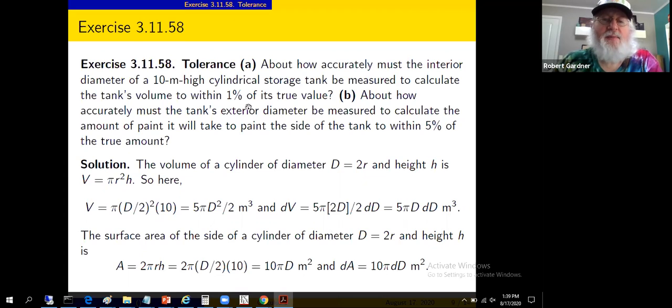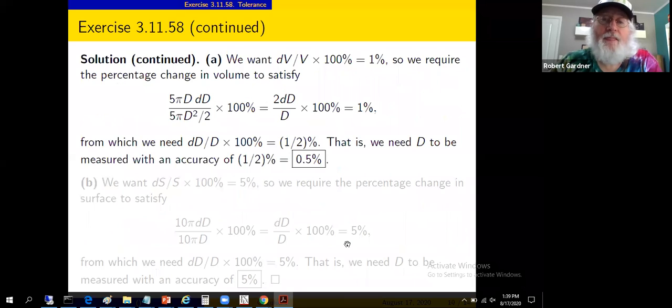And they've asked us about percentage estimates. For the volume, we'll take dV divided by V, multiplied by 100%. For area, we'll take dA divided by A, multiplied by 100%. We want dV over V times 100% to equal 1%.